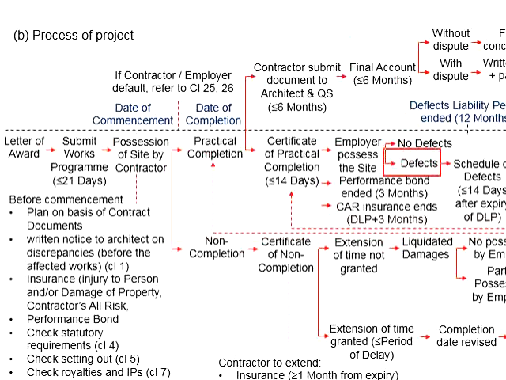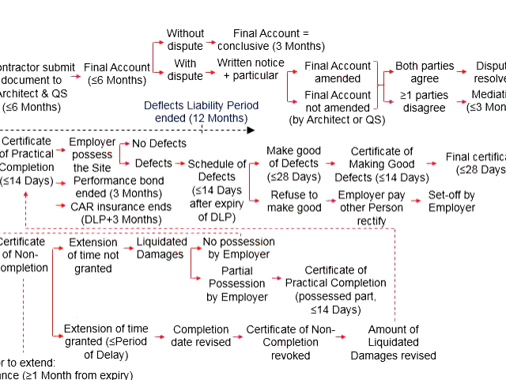However, if there are defects, the architect will compile the schedule of defects, and this schedule of defects will list out all the defects that require the contractor to rectify. This should be sent at the latest within 14 days of the expiry of this defect liability period.